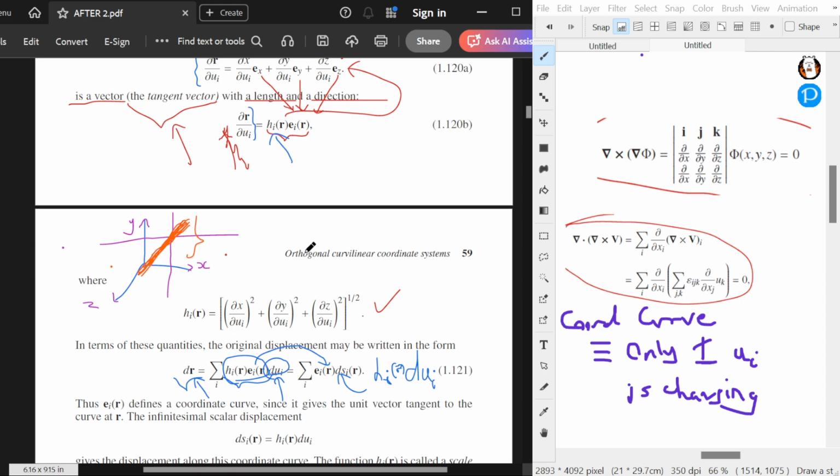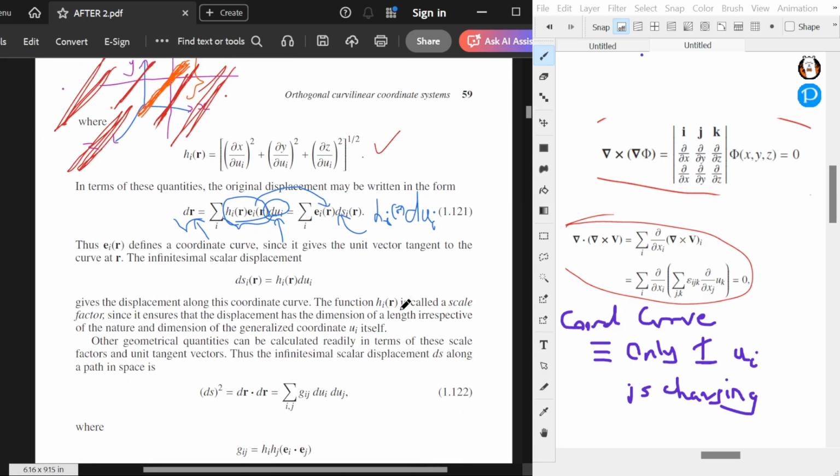X is not changing, Y is not changing, Z is changing. What I'm thinking now is that depending on where X and Y are, you can have an infinite number of coordinate curves that satisfy the restrictions that a coordinate curve has. Yep, yep, yep.